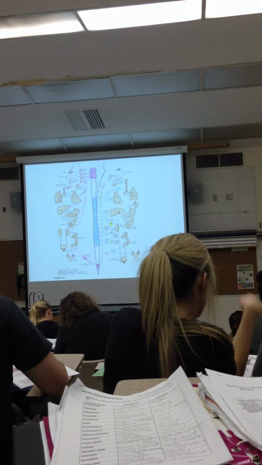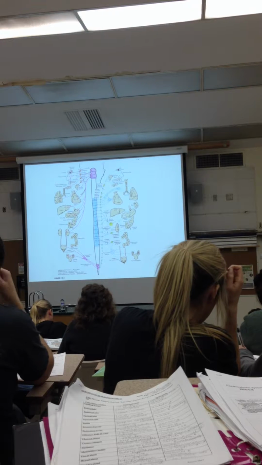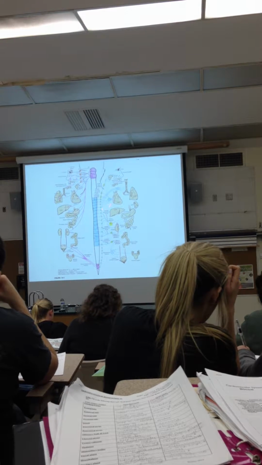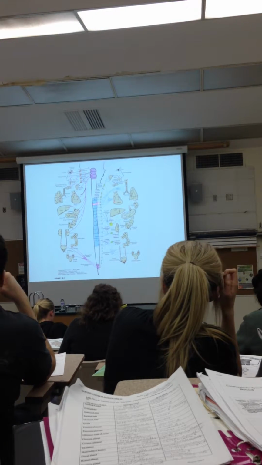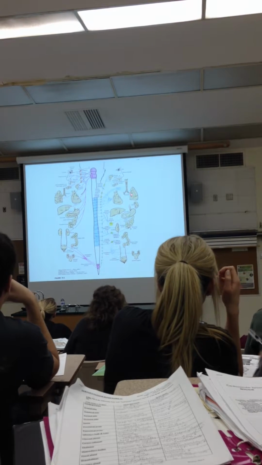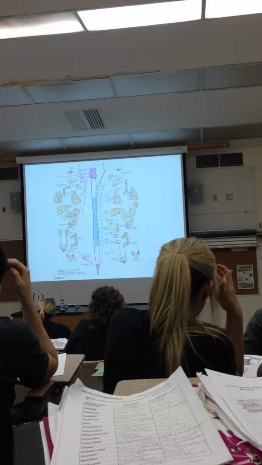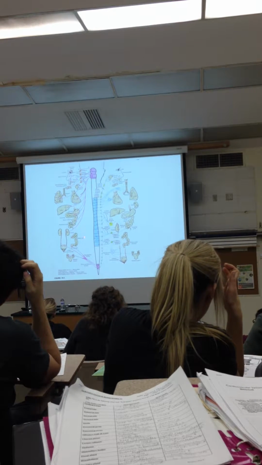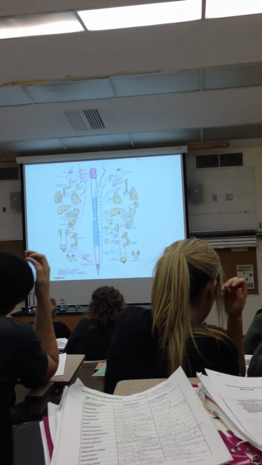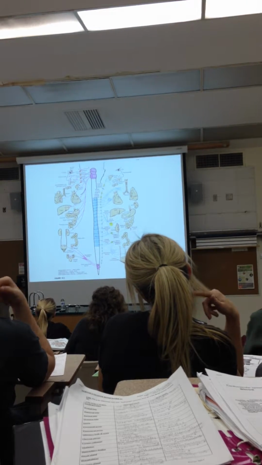Now, the other thing that this demonstrates is dual innervation. A lot of it. You can see the heart has sympathetic going to it, and it also has parasympathetic. The lungs, sympathetic and parasympathetic. The liver, the same thing. Most of the organs are dual innervation. But I want to point out one organ that does not have dual innervation here.